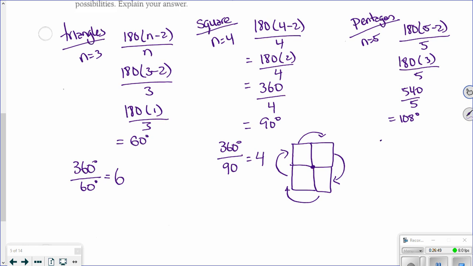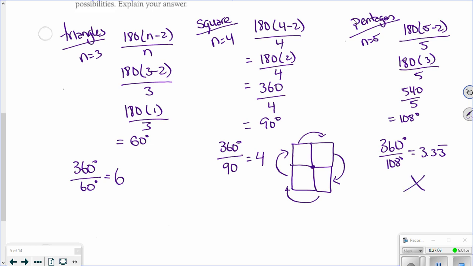So now if I do 360 divided by 108, I end up with 3.333 repeating.